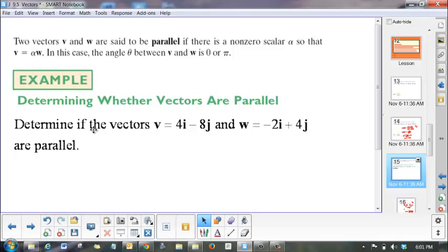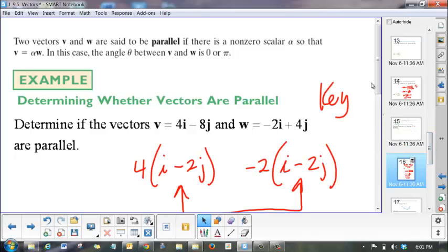So what we're trying to do is see if we have a common vector in place. So really all you have to do is factor both of these out.